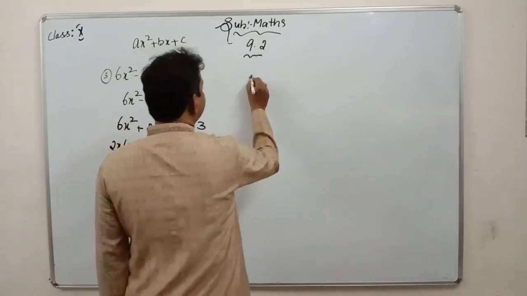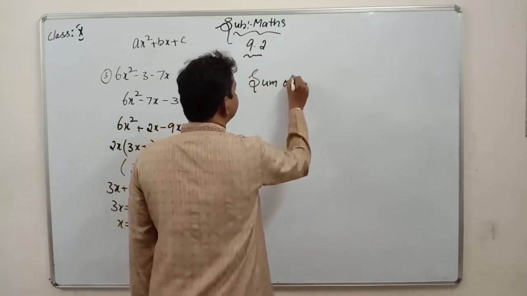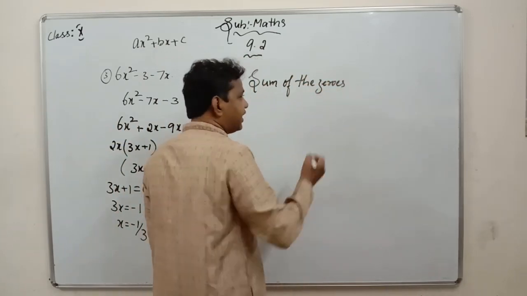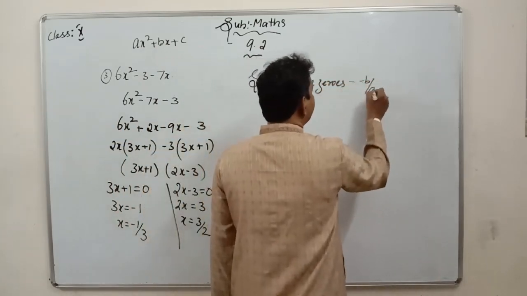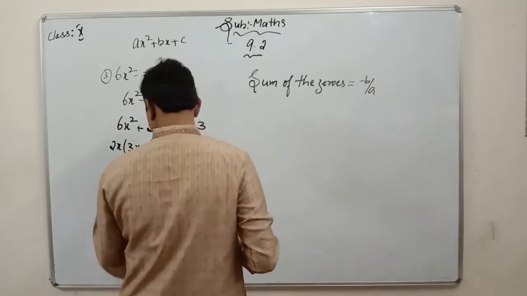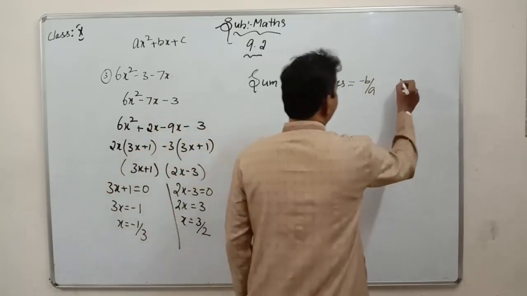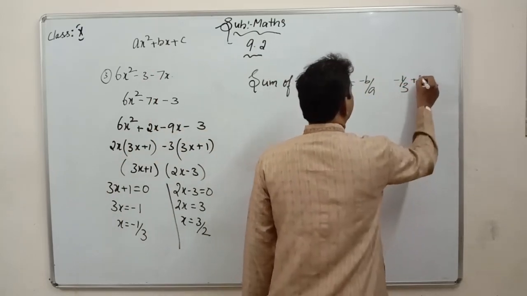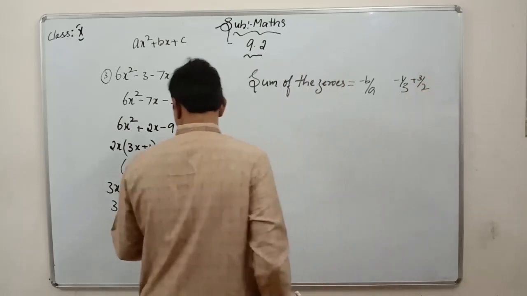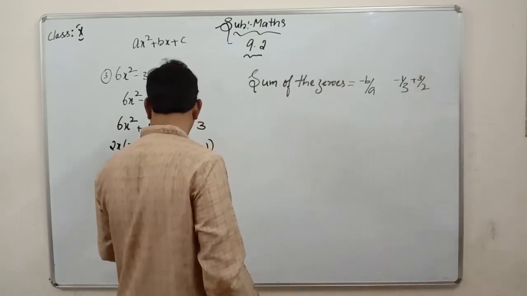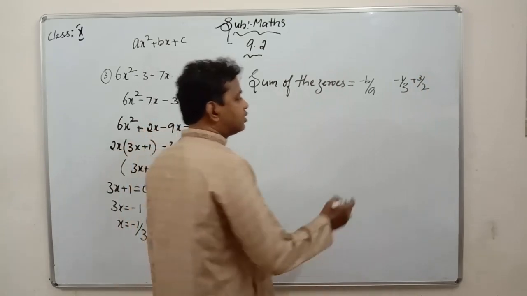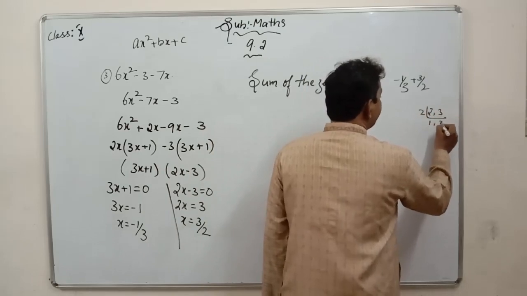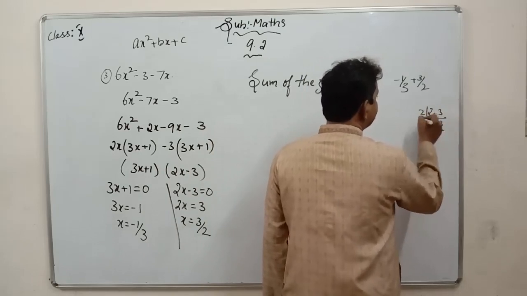So we have sum of the zeros. You can write directly if you want, minus b by a, what I told you. Sum of the zeros. What is sum of zeros? What is x is given here? First we have minus 1 by 3 and plus 3 by 2. See here, we have minus 1 by 3 and also we have 3 by 2 there. So if we take 2 and 3 LCM, what will get 2 and 3 LCM? 6 is the LCM here.